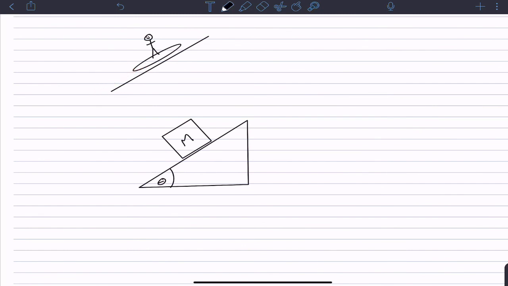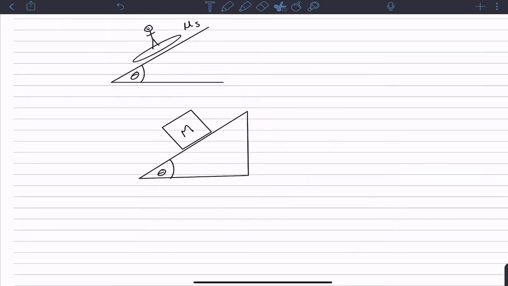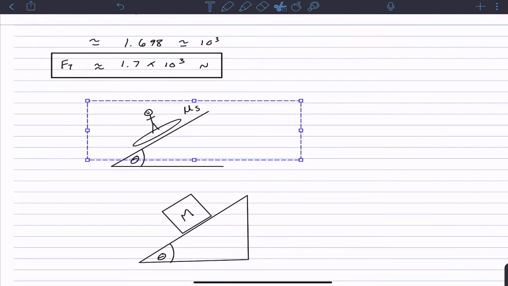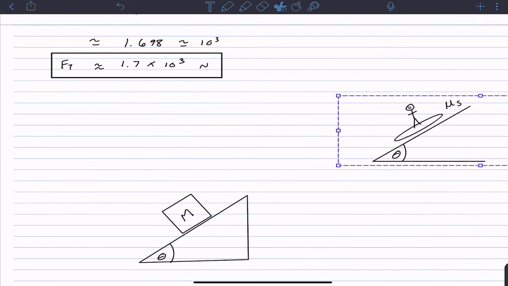There's a static coefficient of friction, right? Something like that. And so we want to raise the hill, if that's even possible. We want to raise the hill so that this angle is steeper and this guy goes down the hill and has fun. Okay, so I'm going to get rid of this. Let's just move this weird drawing.